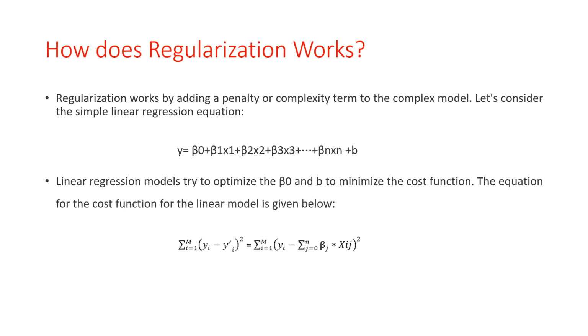So what is the equation for the cost function for the linear model? Here it is the summation of i equal to 1 to m, where yi is our actual value and yi dash is our predicted value. It equals the summation of i equal to 1 to m of yi minus the summation of j equal to 0 to n of bj into xij, the whole bracket squared.